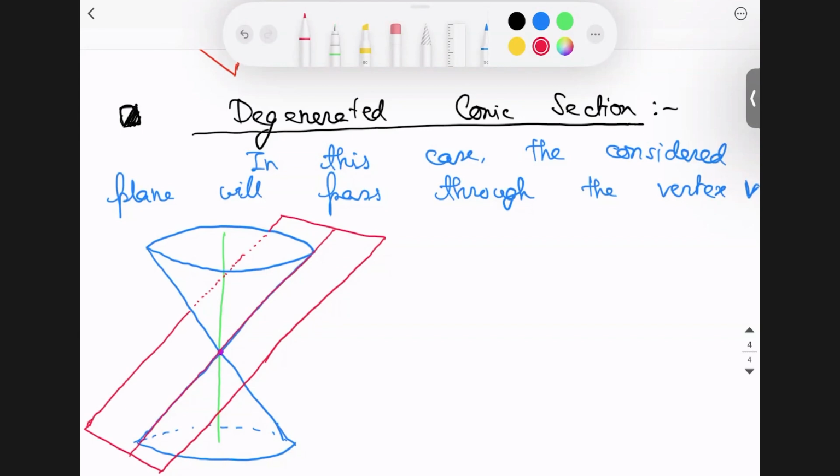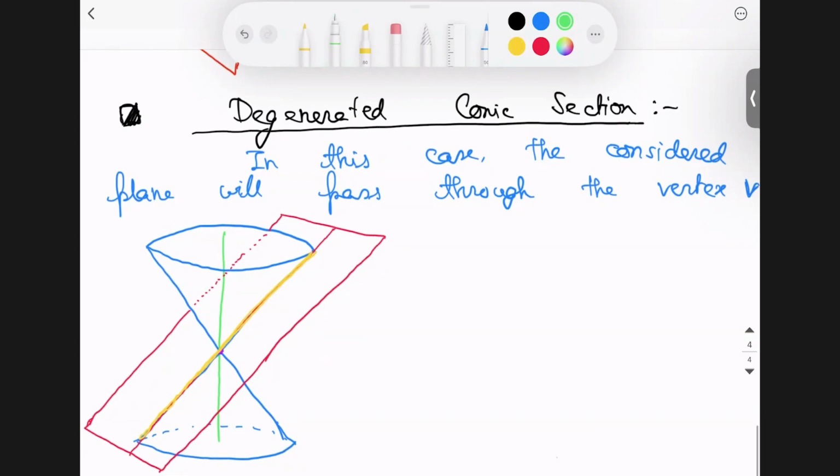And clearly you can see that the intersection is a line. In this case, both angles will be the same, alpha equals beta.